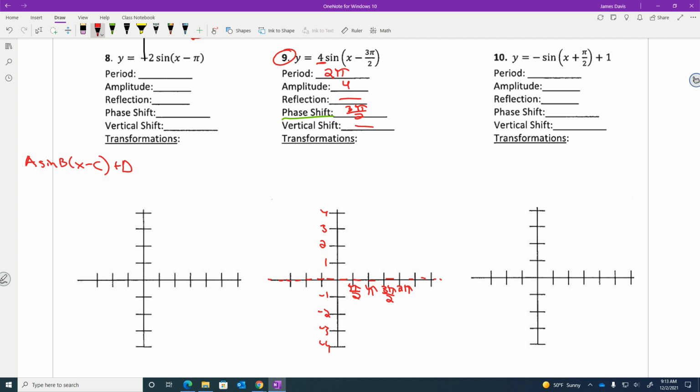But this phase shift is going to move it left or right. So instead of putting my first dot here at 0, I need to move it over by 3 pi over 2. So I'm going to put my first dot, not at 0, but I'm going to move it to the right over to 3 pi over 2.